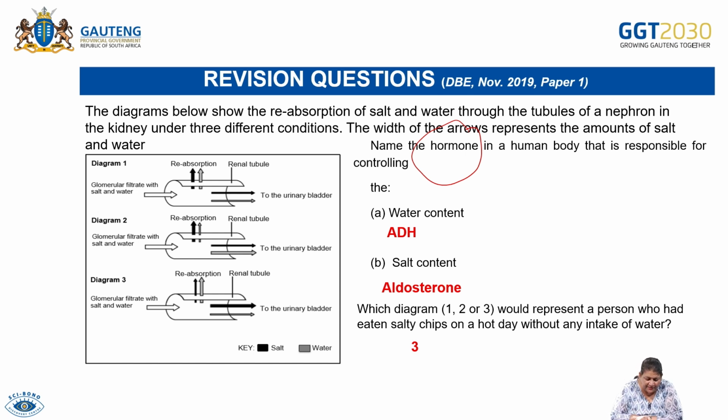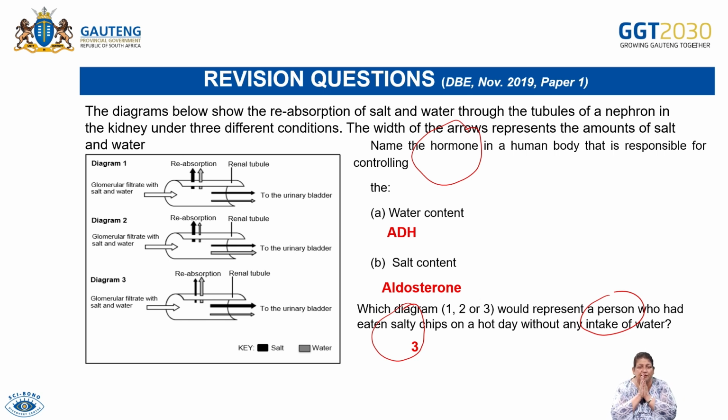So which diagram, 1, 2, or 3, would represent a person who had eaten salty chips? If he's eating salty food or salty chips, less salt is going to be reabsorbed in his blood because he's already eating something salty. So he can't absorb even more salt.